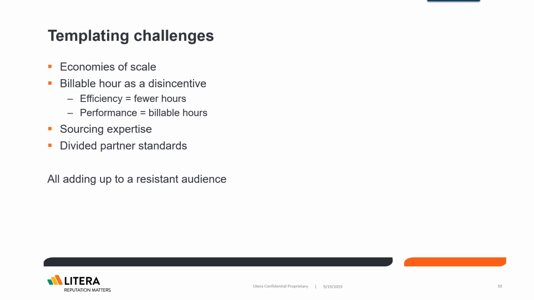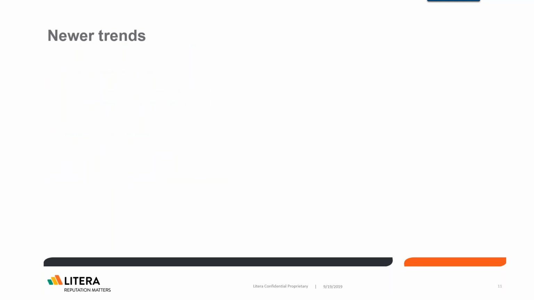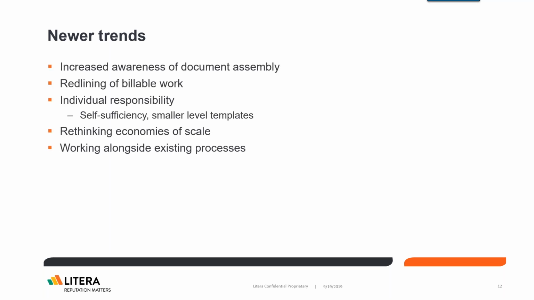And it just creates a resistant audience. And it's something that we've seen, and it's something that we've been trying to move towards as it comes to some of the newer trends we're seeing, feeding into this and putting solutions out there that move towards and enhance the prospects of template initiatives so that things are changed, so that something can change. And these are some of the areas that we're seeing here.